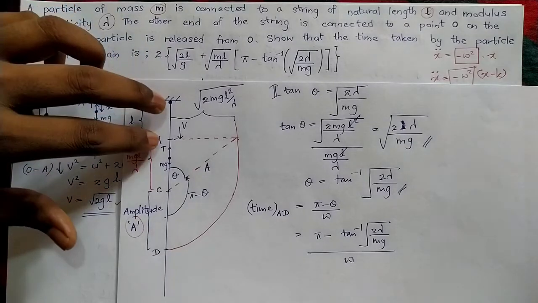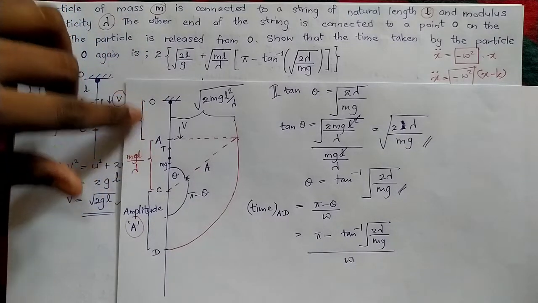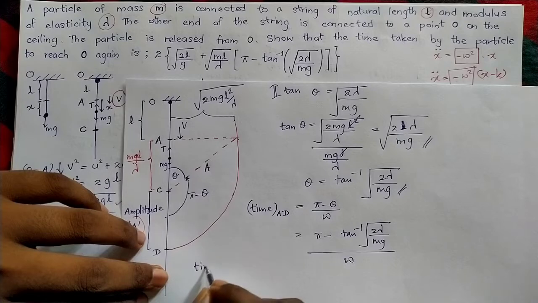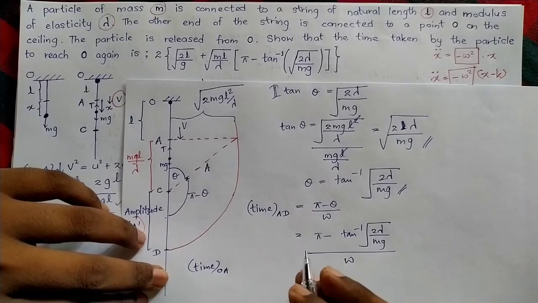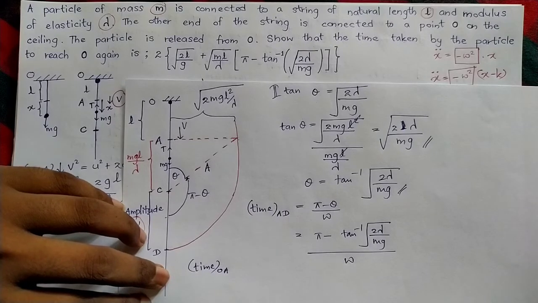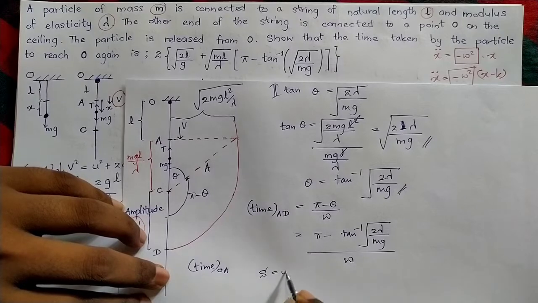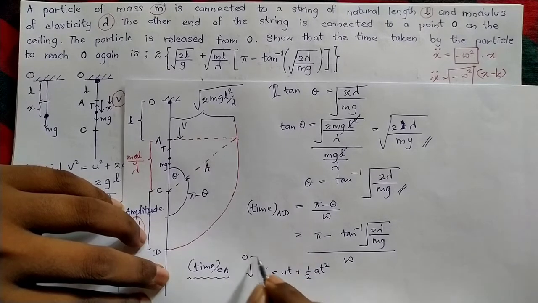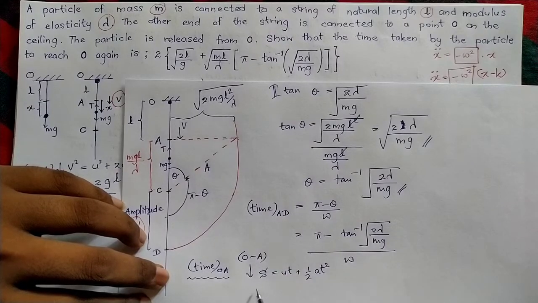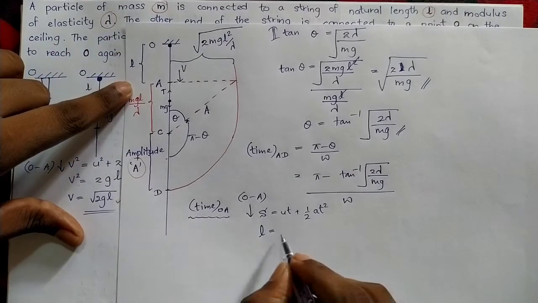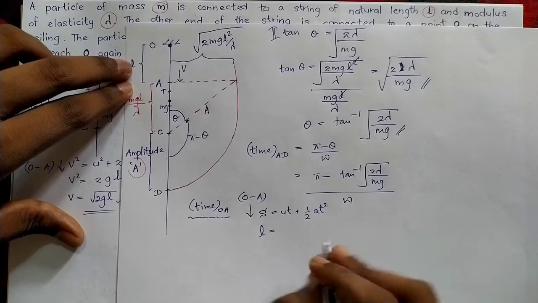Then we have to find the time taken by the particle to move under gravity from O to A. For that we have to use s equals ut plus half at squared, vertically downwards from O to A. The displacement is L, from here to here it is L. The initial velocity is 0, we are just releasing the particle.